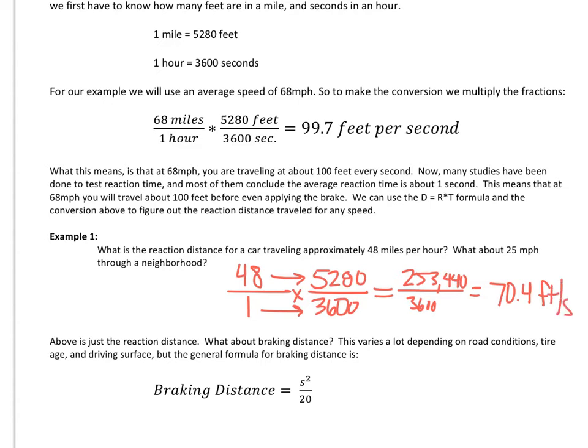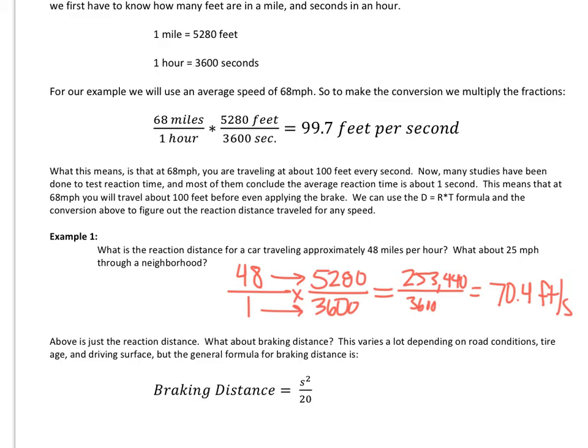So what that means is traveling at 48 miles per hour, you'll go 70.4 feet per second. Now, since we only wanted the reaction distance here, and that's 1 second, that means that going 48 miles per hour, you're going to go 70 feet before you even apply the brake.